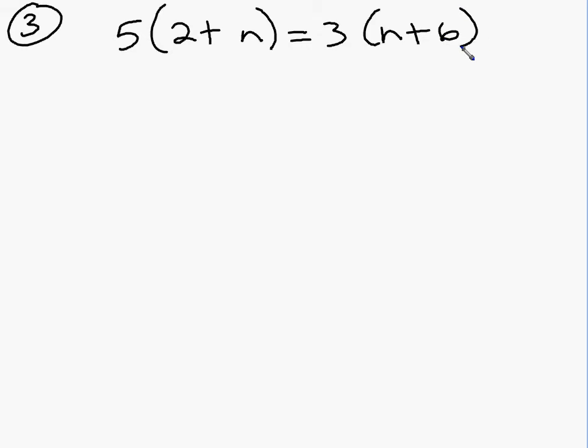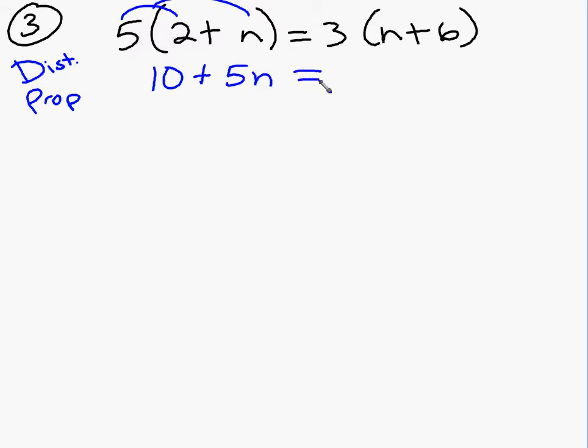Now what you'll notice right away is that we have a distributive property situation. We need to use the distributive property. So I'm going to distribute multiplication to both. That will make this 10 plus 5n equals 3n plus 18.